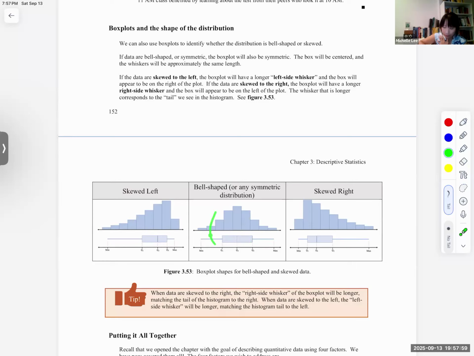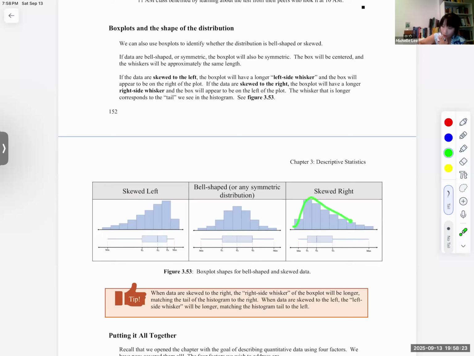There is a box plot. Skewed left: more data on the left, and looking at the whisker, it is longer than the right side, can you see? And also the box: this box is bigger than this box, so skewed left. The left side is bigger than the right side.